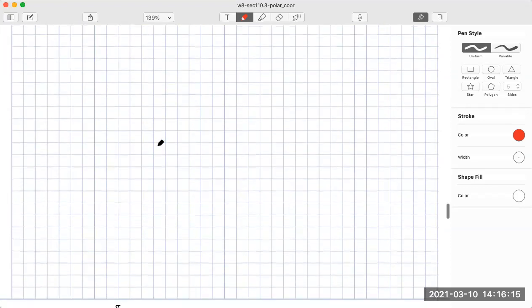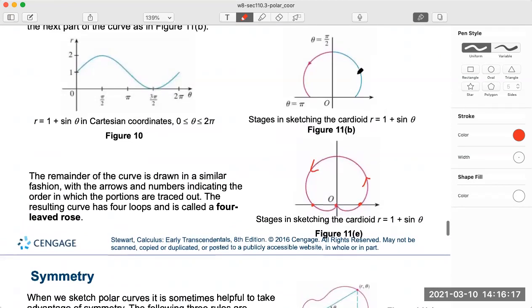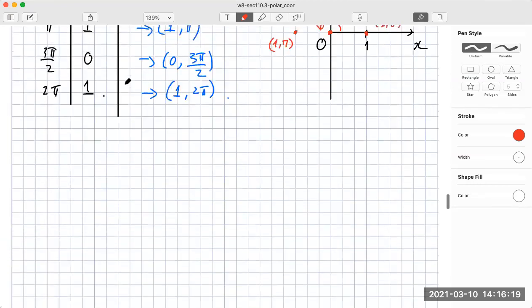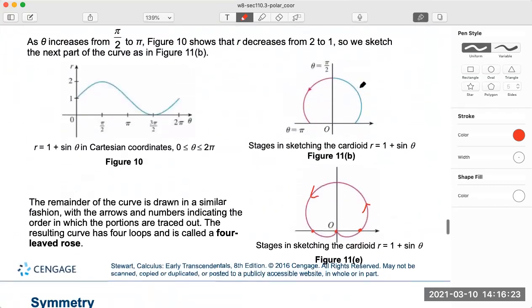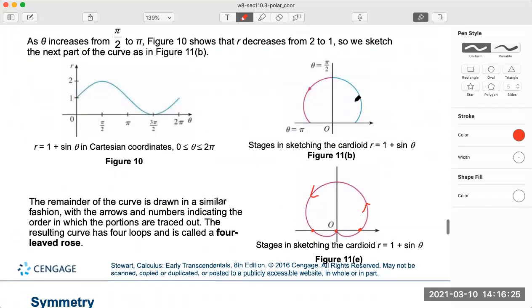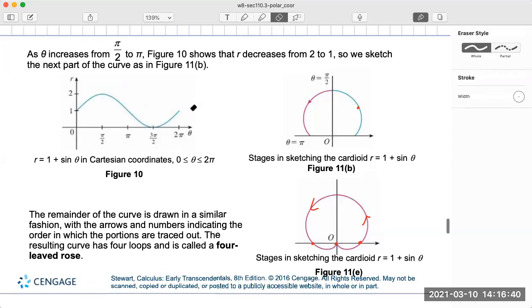So it is enough to pick these special values from 0 to 2 pi. And here, for example, because we don't pick too many points, but if you pick 4 more points, at pi over 4, you can see that it will be this point, right? The angle theta is here, and you have to compute the distance from this point to the origin, satisfying the equation.